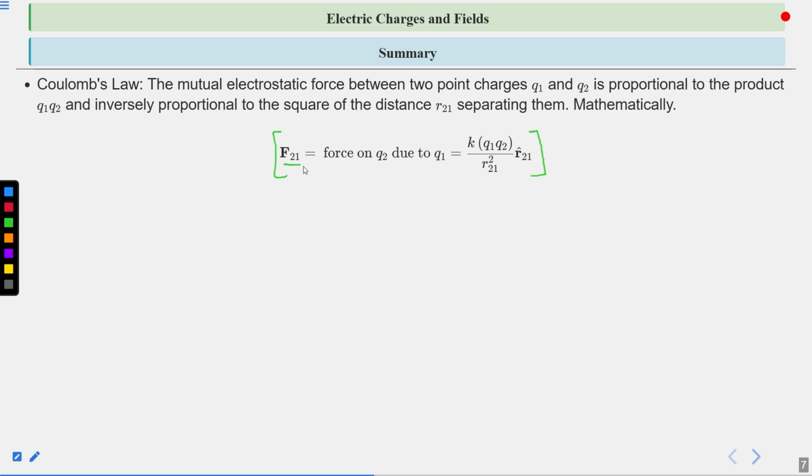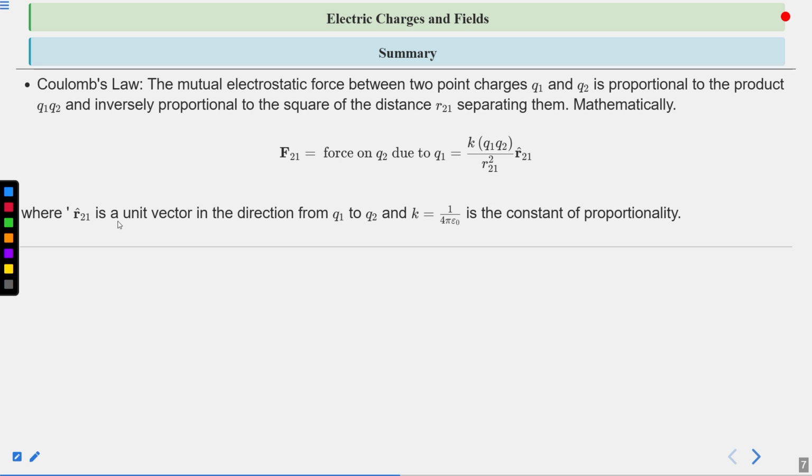And F12 means the force on charge first due to charge second, written as k Q1 Q2 divided by r12 square times r cap 12. Where r cap 21 is a unit vector in the direction from Q1 to Q2, and k is a constant, that is 1 upon 4 pi epsilon naught, the constant of proportionality.